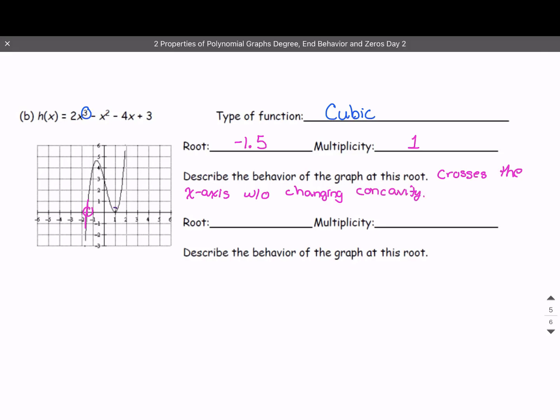Now I see another x-intercept at 1. However, this time the graph is tangent to the x-axis. That means this is a root of multiplicity 2. Now if I add my multiplicities, 1 plus 2, I get 3, and that was the degree of my polynomial. I have all my roots. Good.